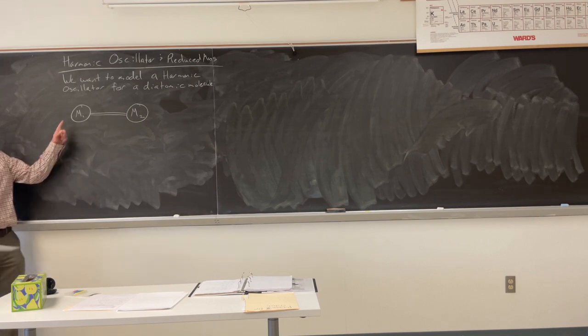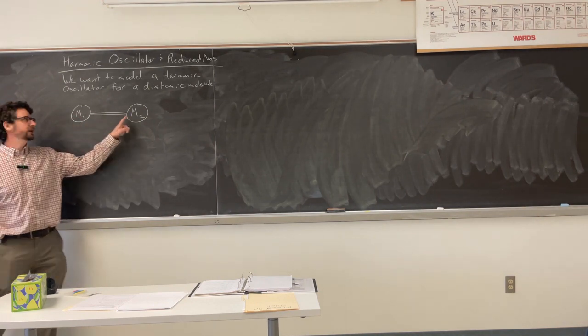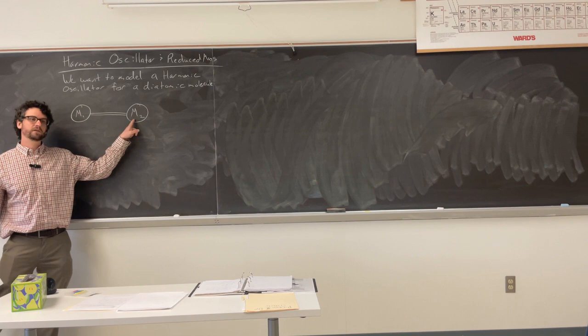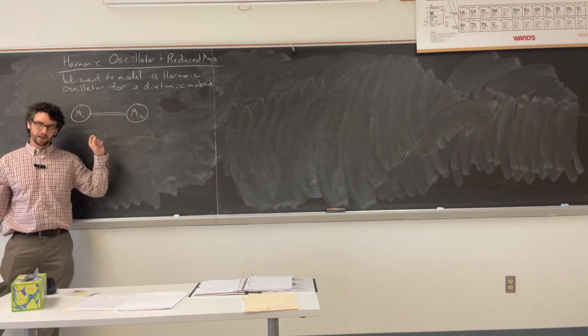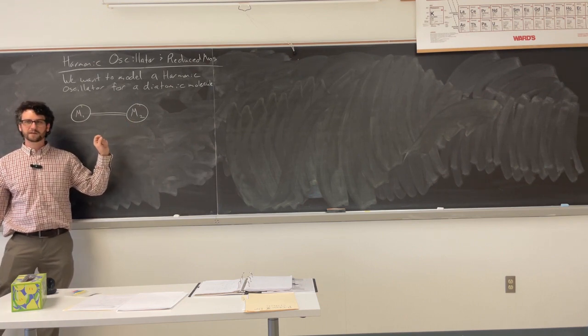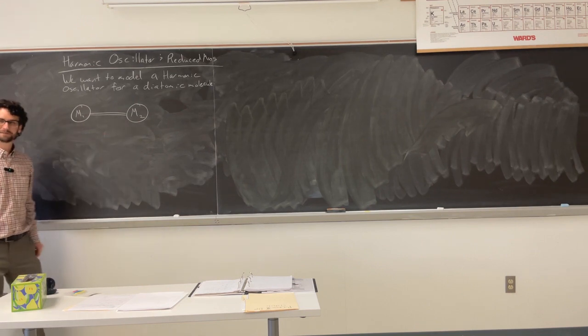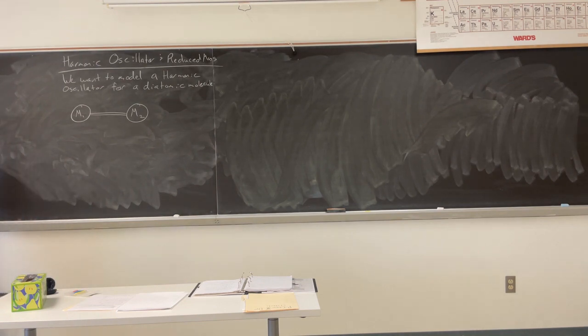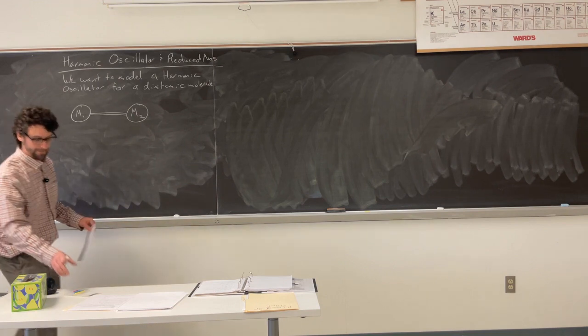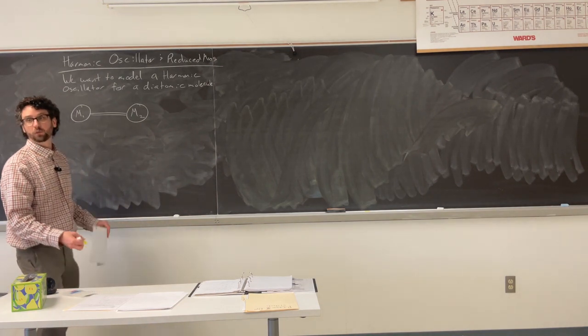We would need equations to describe the motion of this guy, and we need equations to describe the motion of that guy. However, we can make this simpler. What did you guys do in physics when you encountered a problem like this? Or it may have been a while. Exactly. That's what we're going to do.